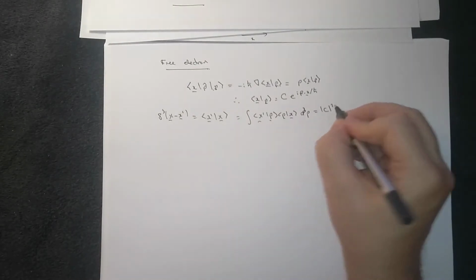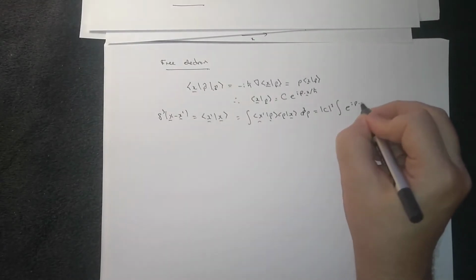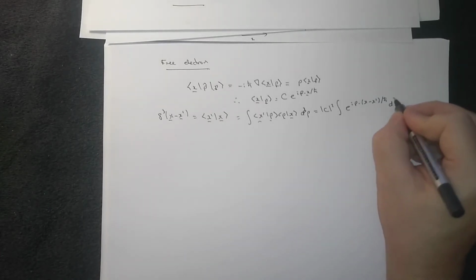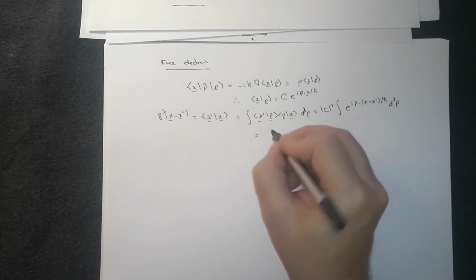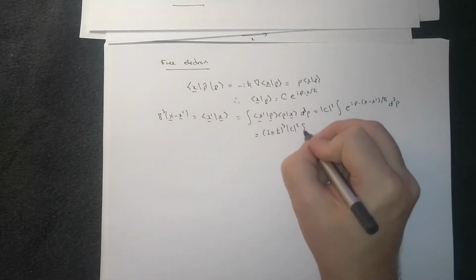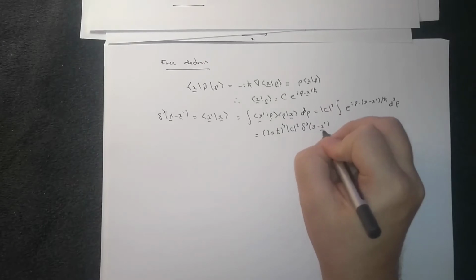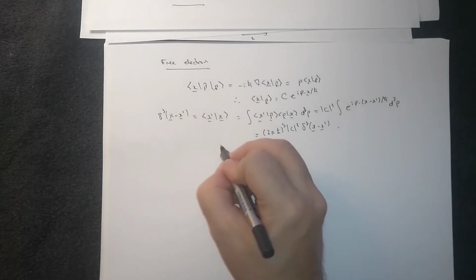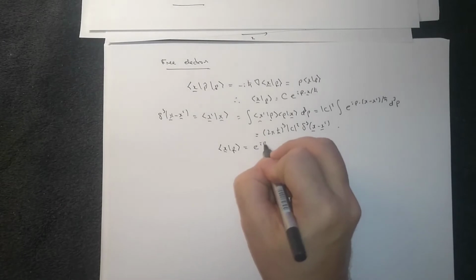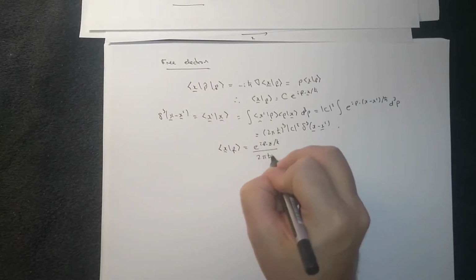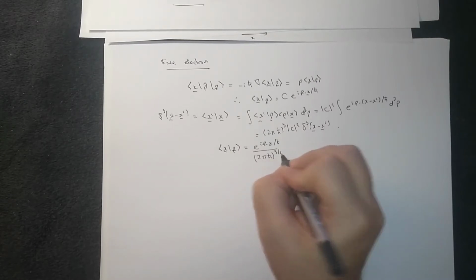So that's modulus of c squared times the integral of e to the ip dot x minus x prime over h bar d3p, and that's 2 pi h bar cubed mod c squared delta cubed x minus x prime, a standard result in the theory of distributions. So x with p is e to the ip dot x over h bar divided by 2 pi h bar to the 3 over 2.